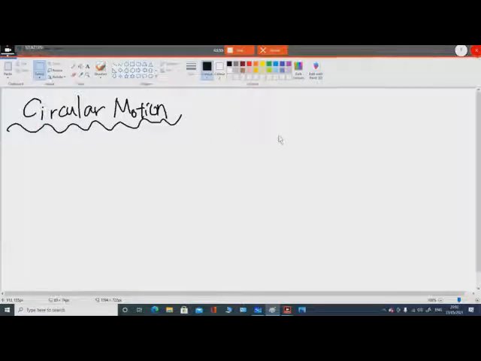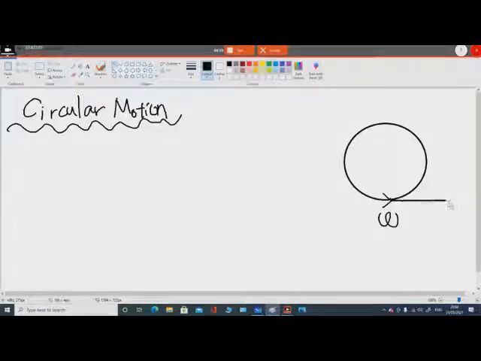So let me draw another circle. As I mentioned just now, as we are moving in this circle, we have angular velocity, but at the same time we also have a motion called tangential linear velocity, which is denoted as v.